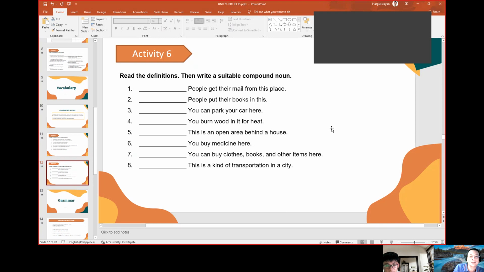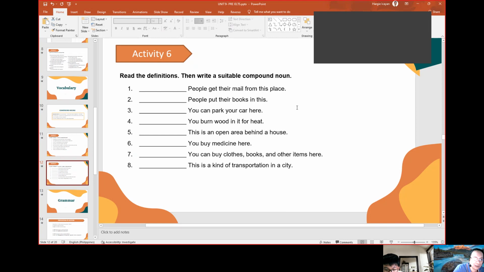People get their mail from this place. So what is that? The compound noun is mailbox. Why? Because it's mail, right? From the word mail. And where did you get that mail? In the box. So it's a mailbox.